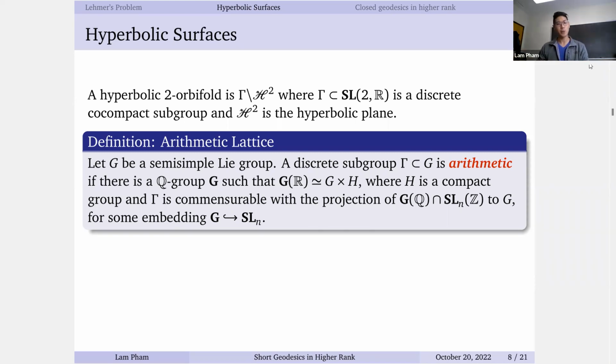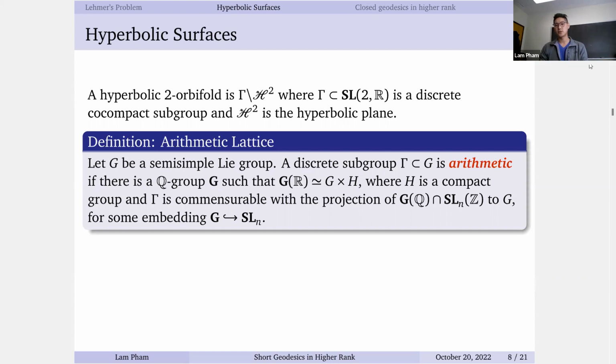You have an algebraic Q group, bold G, defined over Q, such that its R points are isomorphic to the direct product of your original Lie group times some compact group. And in addition, gamma, your group inside G, will be commensurable with the projection of the Z points of bold G.